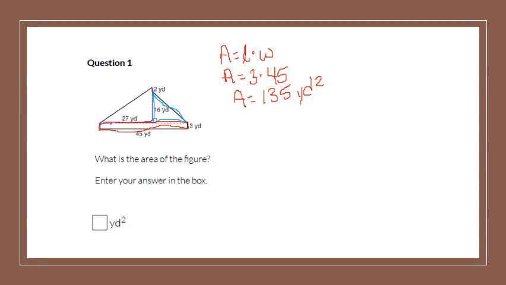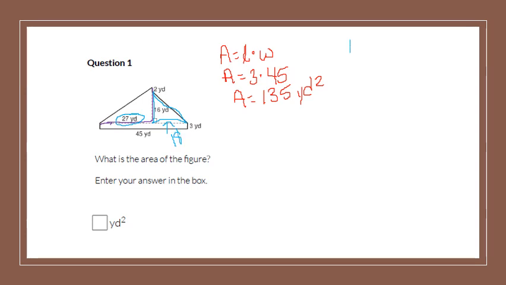Now I'm going to look at the blue triangle, the one over here on the right. I'm going to erase the red. That way it's a little easier to see. We know that the whole length of the bottom is 45, and we know that this part right here is 27. So we need to find this length by doing 45 minus 27, and that one is 18.